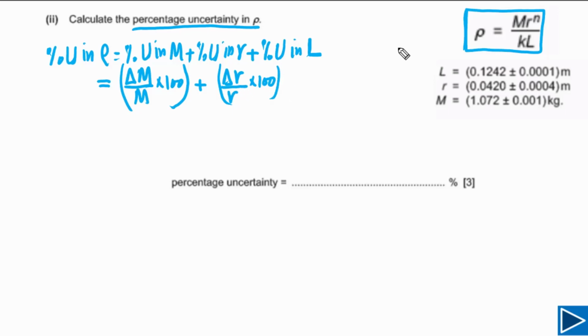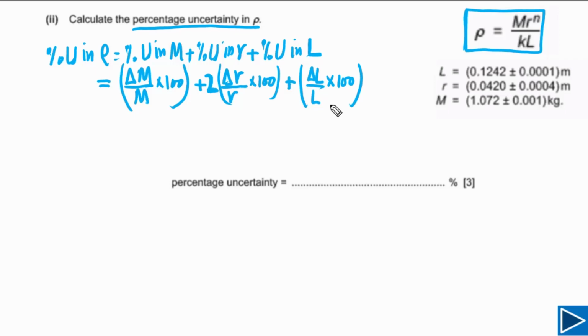But you also need to understand we have the power of this one. The power is n, and n is negative, as we have calculated. But here you have to enter plus 2, because uncertainty cannot be negative. Very important point: uncertainty cannot be negative. So it has to be plus 2, not minus 2. And next, the percentage uncertainty in L will be delta L divided by L, multiplied by 100.